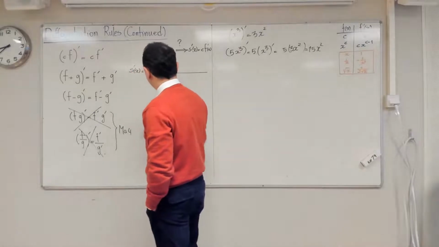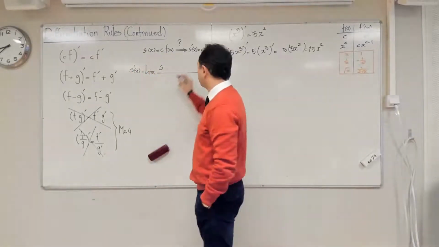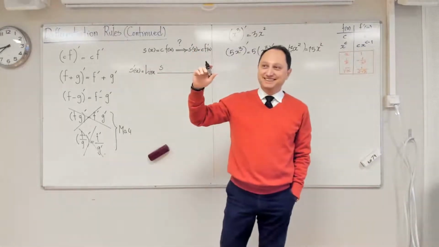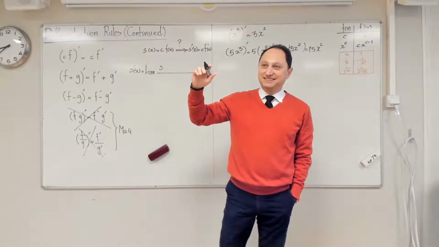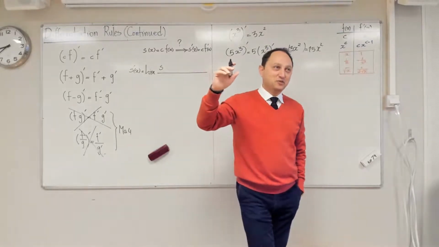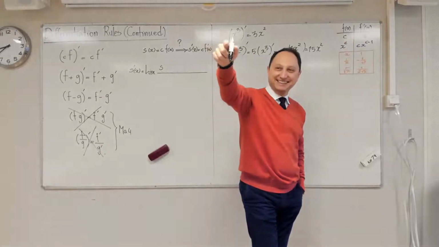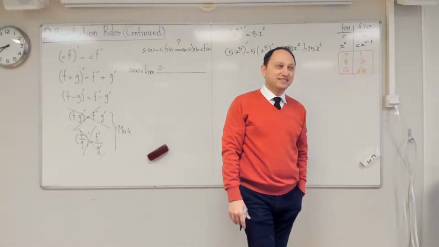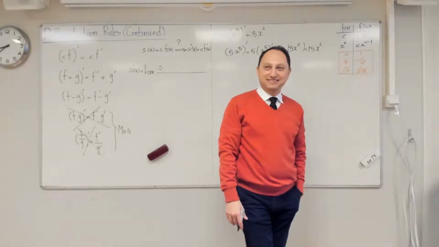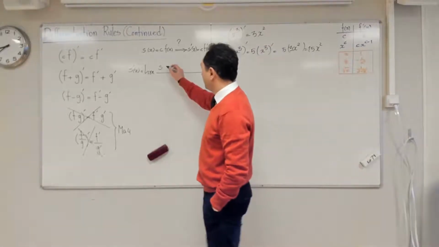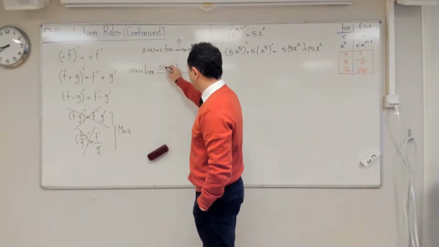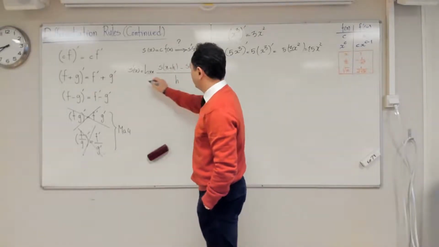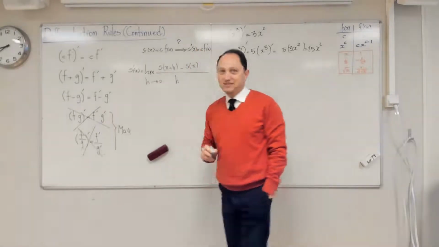So it becomes s of x plus h, and then minus s of x, divided by h, as h goes to 0. Is that correct now?